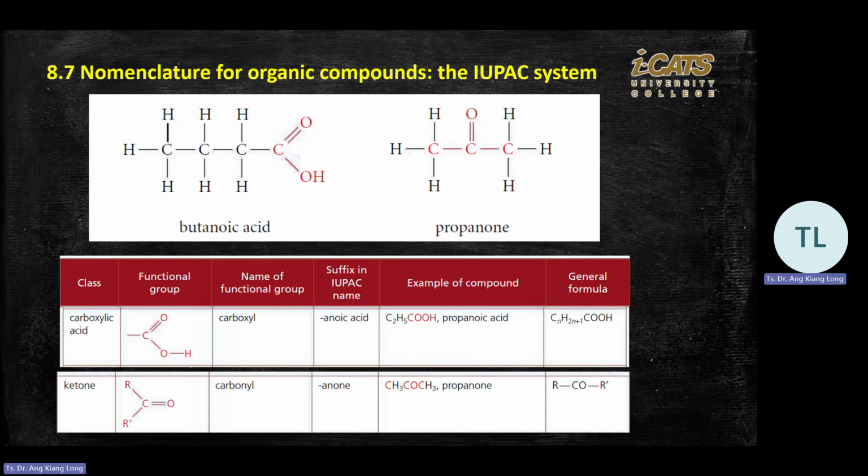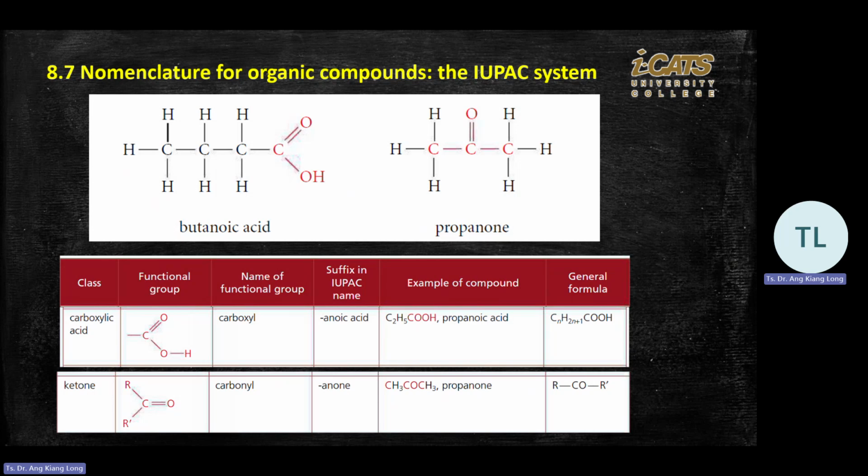For example, how do you know that this is butanoic acid? You look at CCC, 4C is but. Then you look at the functional group. H doesn't count. Functional group means you look at the C and then combine with what?